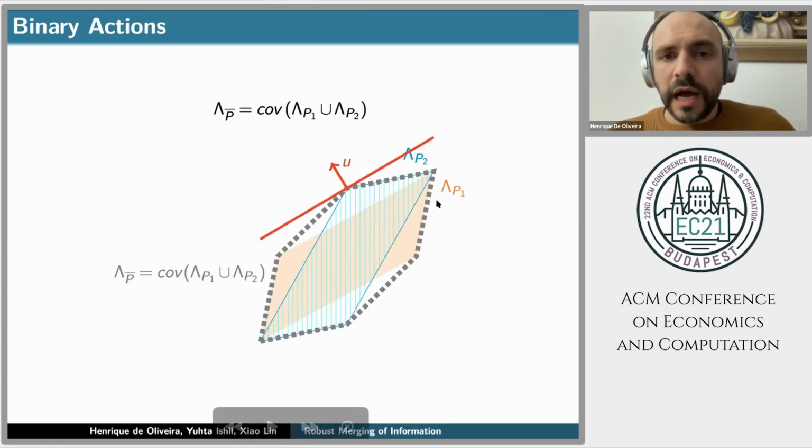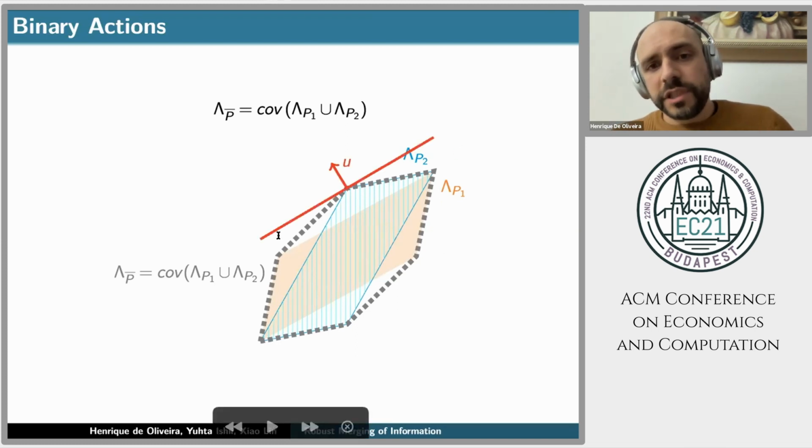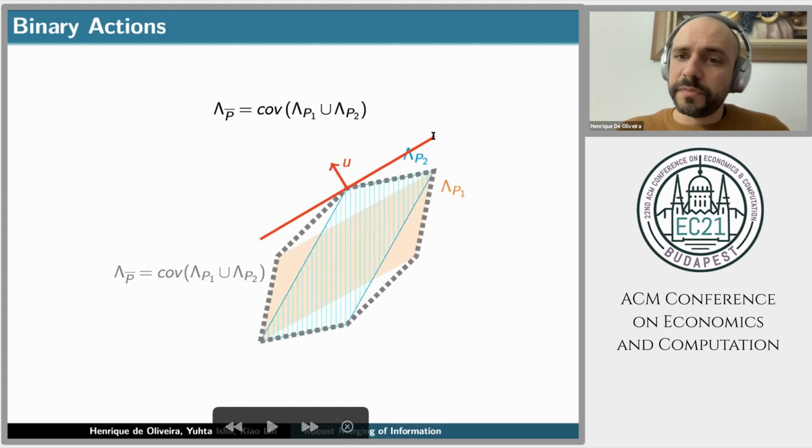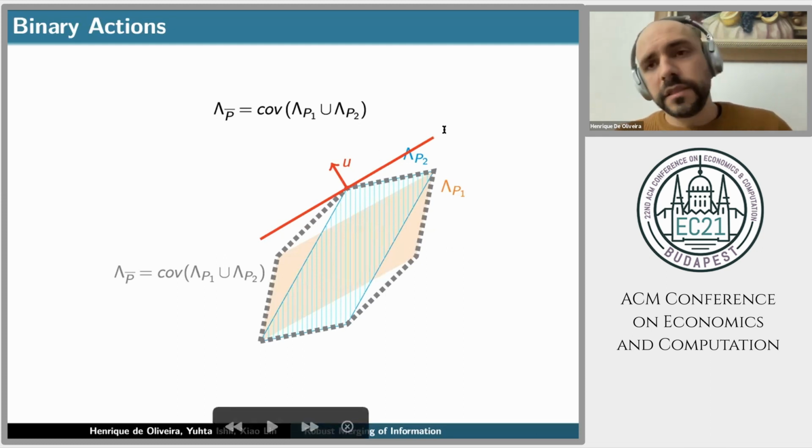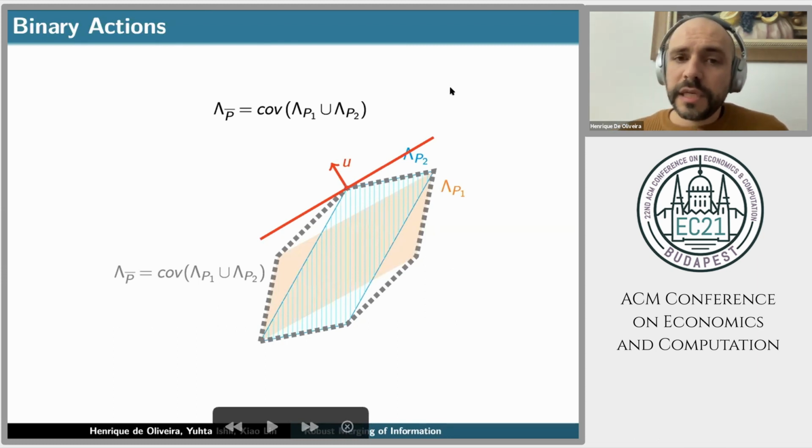Okay, so how do we calculate this value? Well, we are basically just maximizing a linear functional. The utility gives us a linear functional in this space, and we're just going to maximize this linear functional here. The maximization of the linear functional is going to give us exactly one extreme point of the convex hull. But now here's the key observation: an extreme point of the convex hull has to be an extreme point of one of these sets where we took the union.